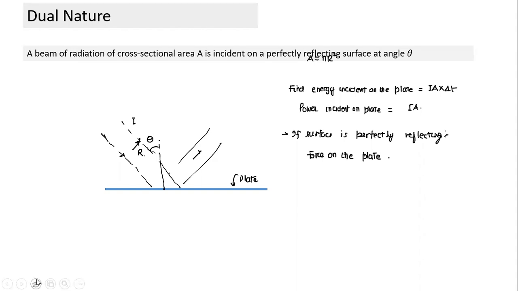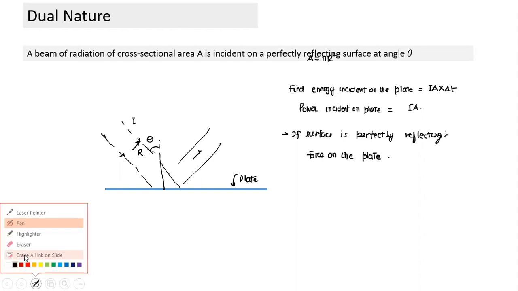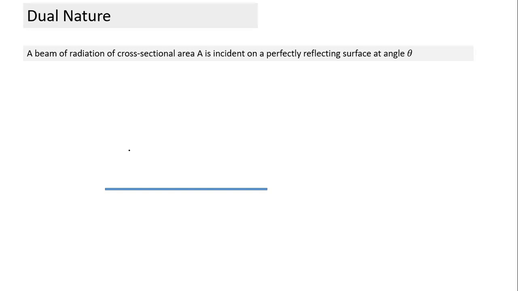If you have to simplify, I can think of it like this: some momentum is incident here, and after reflection this is the incident momentum and this is the reflected momentum. If the reflection is perfect, both will be at the same angle theta and the momentum will be equal.